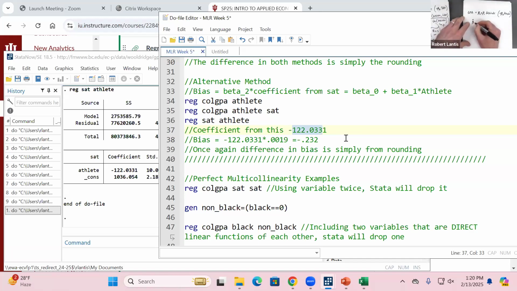The coefficient estimate I see if I omit height will be the true effect of being a student athlete on GPAs, plus the effect height would have had if included, times the covariance between this omitted variable and my independent variable, divided by the variance of the variable I included.